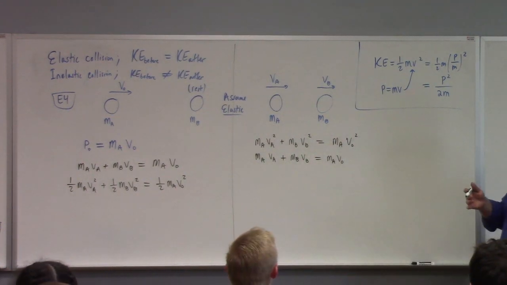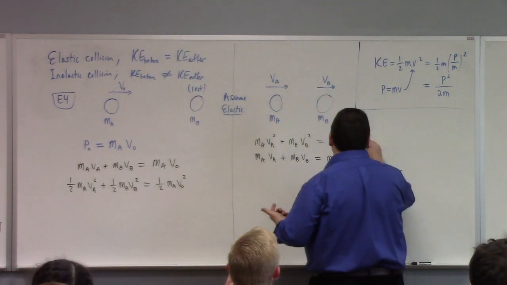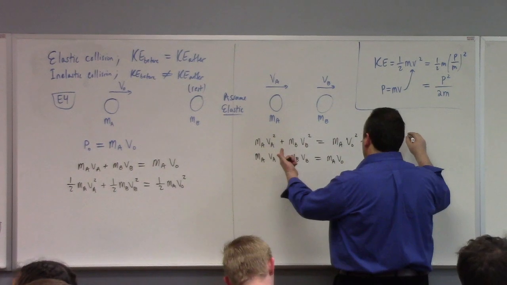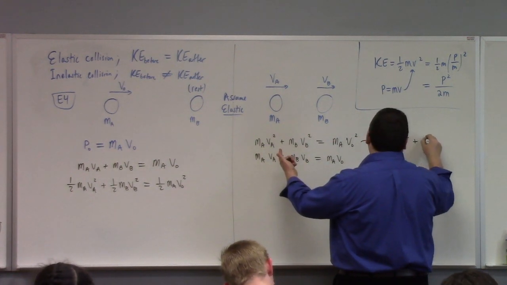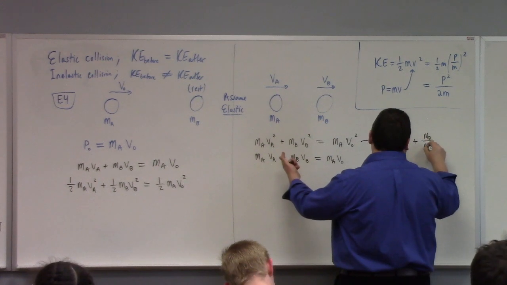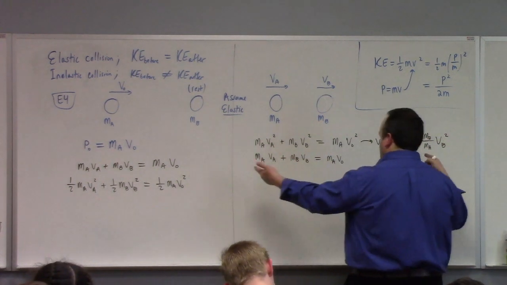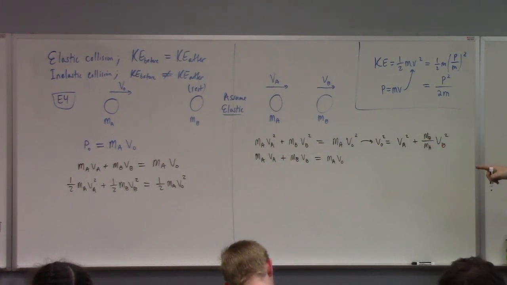How about this? We can easily solve both of these for V naught. V naught squared is, on the one hand, VA squared plus MB over MA VB squared. You see that? But we can also take the second one and square it.